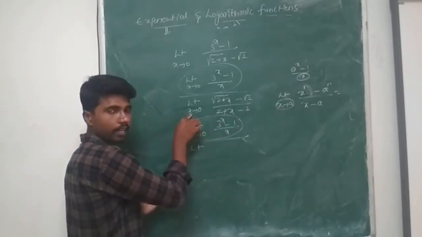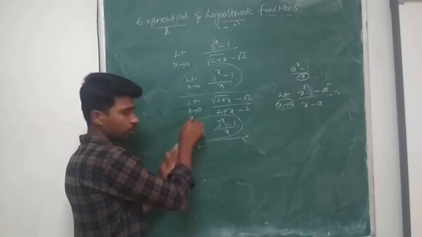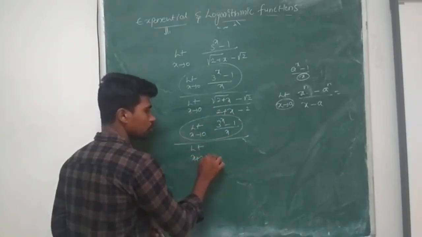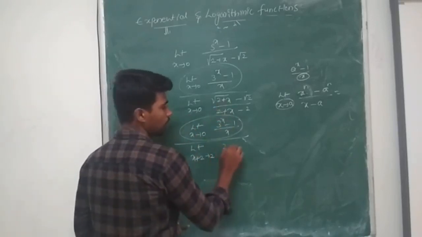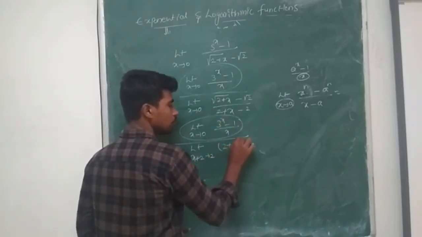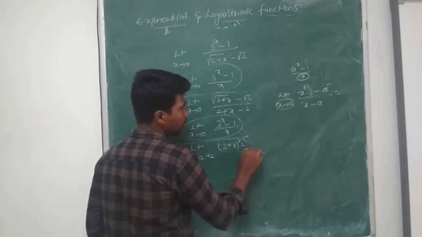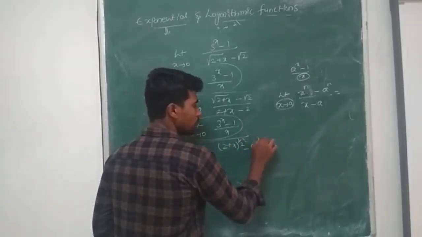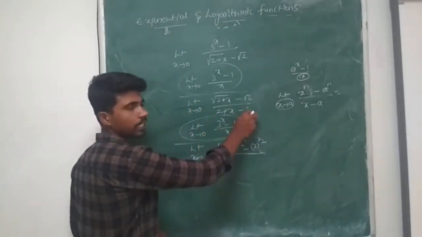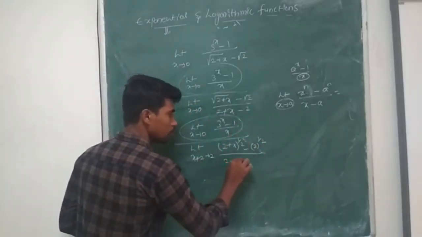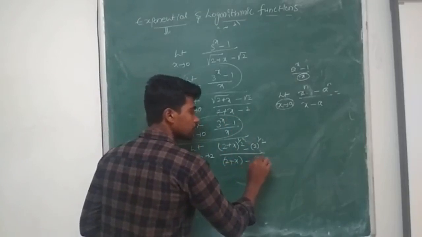For this I added 2 to both sides. I get x plus 2 tending to 0 plus 2, nothing but 2. So I get 2 plus x whole power 1 by 2 minus 2 power 1 by 2, by 2 plus x minus 2.